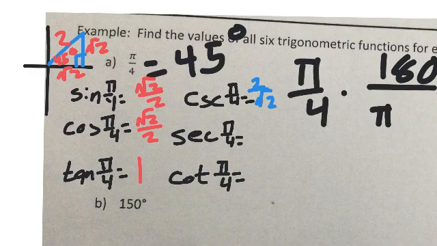But that's going to be 2 radical 2 over 2, which is just radical 2. Secant is going to be similar. When I flip 2 over radical 2 and then simplify that out, it's going to give me radical 2. And then the reciprocal of 1 is also 1. So cotangent of pi over 4 is 1.